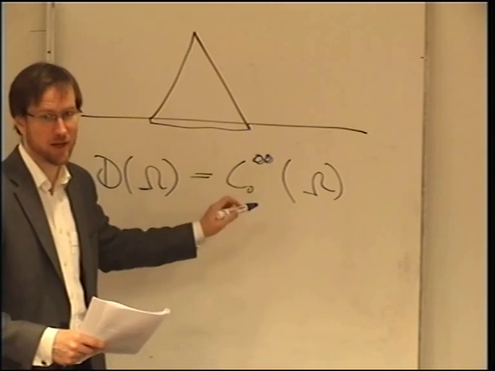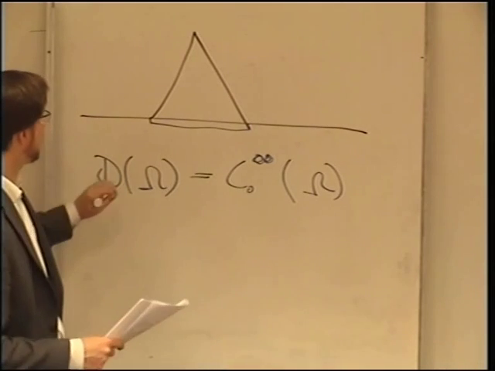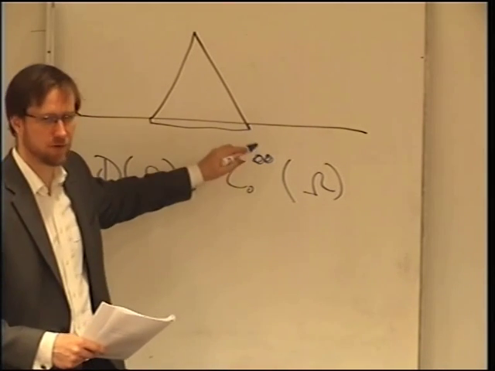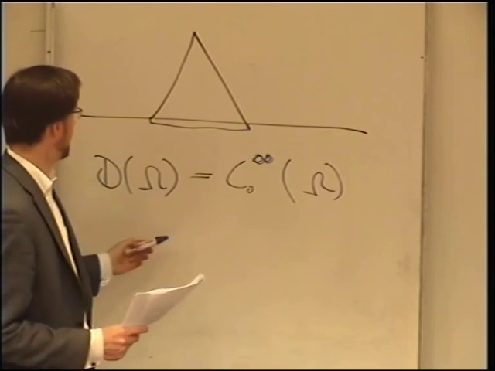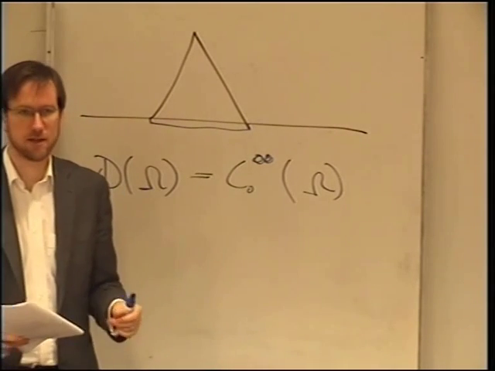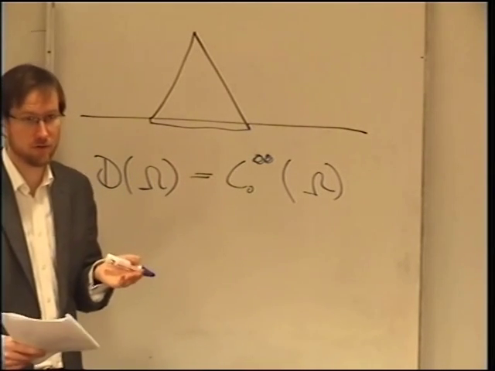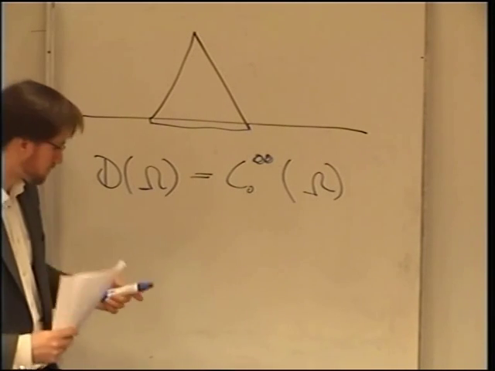So that's a similar notation here. This is the set of infinitely differentiable functions, functions I can differentiate as much as I like, over the domain omega, which have compact support, which means at least that they vanish as they go to the boundaries of omega. So what do these functions look like?